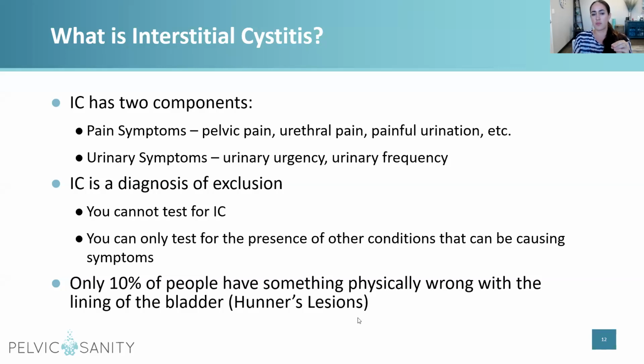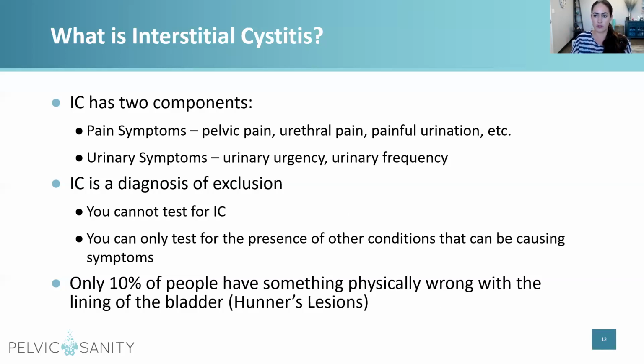you can test for the presence of other conditions that can be causing IC-like symptoms, with the caveat that if you have true Hunner's lesions, which is less than 10% of people, the most recent stats say 5 to 10%, that can show up in the cystoscopy as a Hunner's lesion. If that happens, then you can be technically diagnosed on cystoscopy.